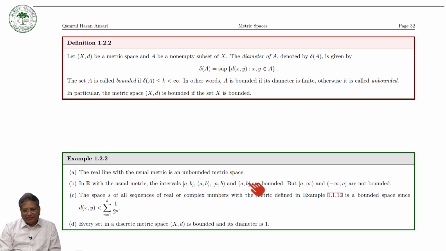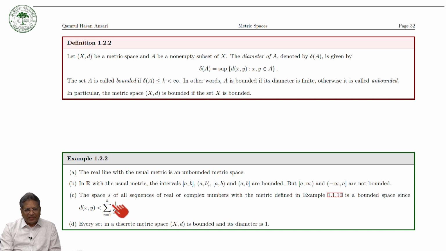Then the space of all sequences of real or complex numbers is a bounded space, because the distance between any two elements in this space, d(x, y), must be strictly less than the sum of this series.